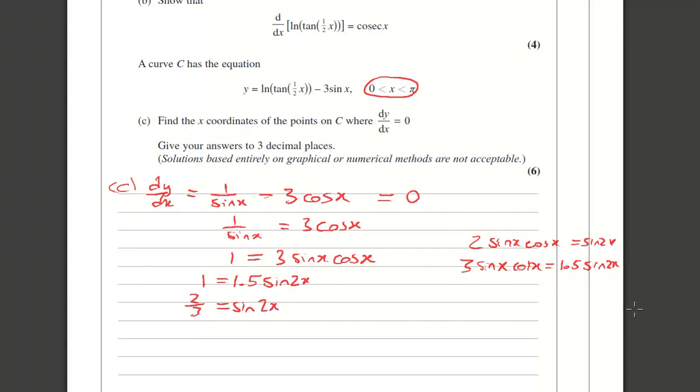I can do inverse sine of 2/3, but it does mean, once again, somewhat annoyingly, I'm going to have to reach for my calculator. Inverse sine of 2/3 gives me 0.729, and so on. And don't forget, please don't divide by 2 yet.